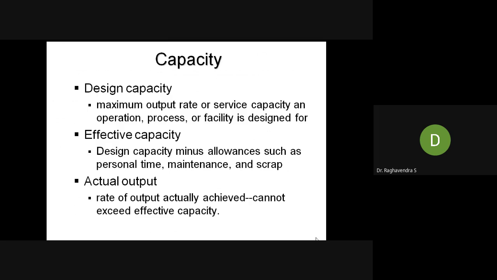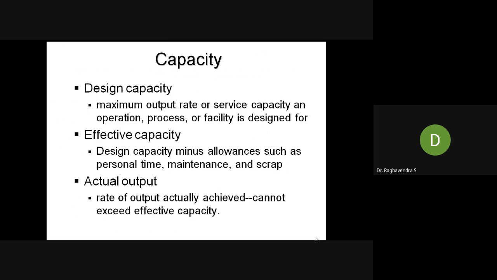Whether it is personal time, maintenance, scrap, not only for a truck but for any machinery or any component, whatever it is. The actual output, the rate of output actually achieved, cannot exceed the effective capacity. What is the output achieved? That actual output should always be below the effective capacity.